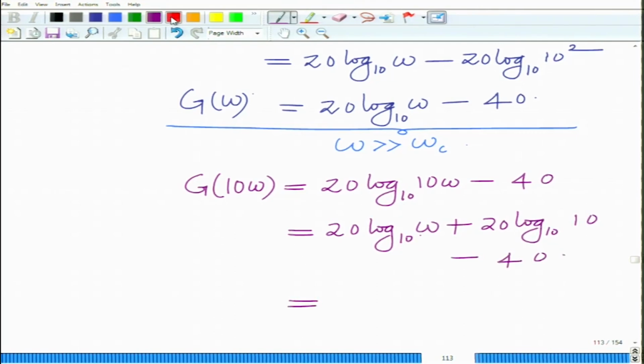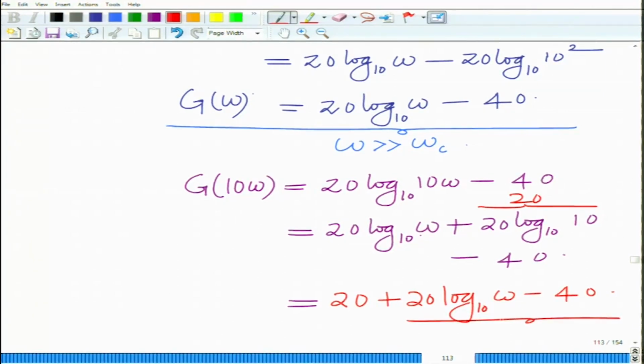Now, 20 log to the base 10 of 10, this is 20 or 20 dB. So, this is 20 plus 20 log to the base 10 omega minus 40, but this is nothing but g of omega.